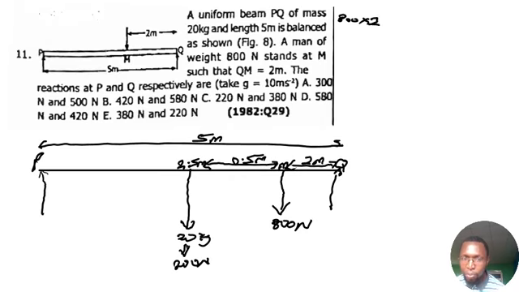So then plus the moment of the second one, this 200 Newton from that turning point P, plus from here to this place is 2.5. So it's going to be 200 times 2.5. Okay, that is the total clockwise moment that is acting here.